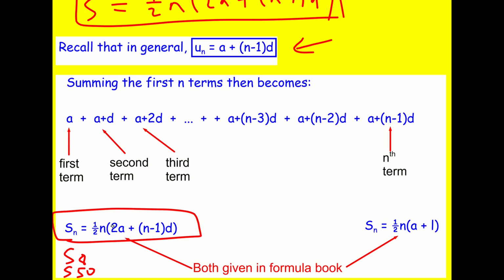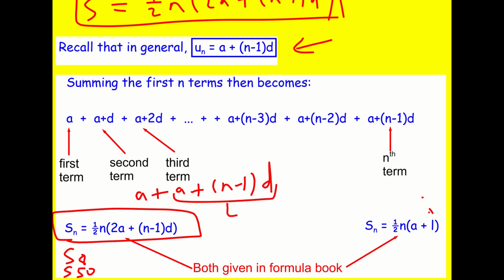Note, the nth term is A plus n minus 1D. So if I'm summing these terms, I can say that it's the first term, A, and then as I did before, I wrote A plus n minus 1D. But if I'm summing my n terms, then this is going to be the last term.